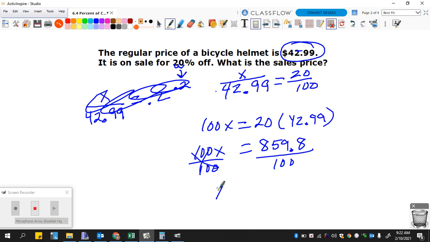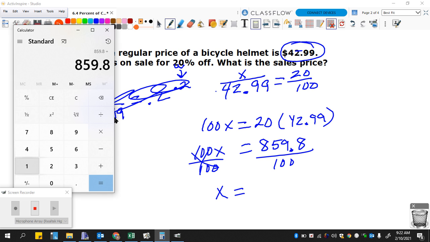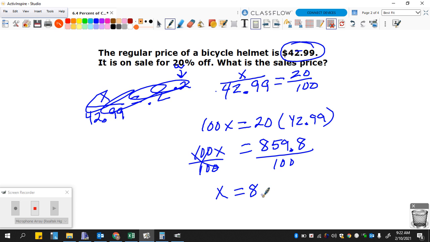So x is equal to 8.598. Okay, so now we're talking about money. So this actually rounds off to $8.60 because I've got to round this off. So this is the amount of discount.